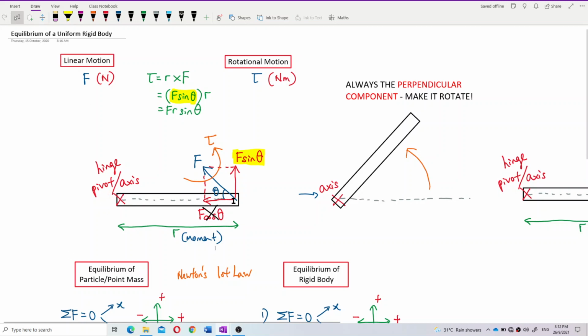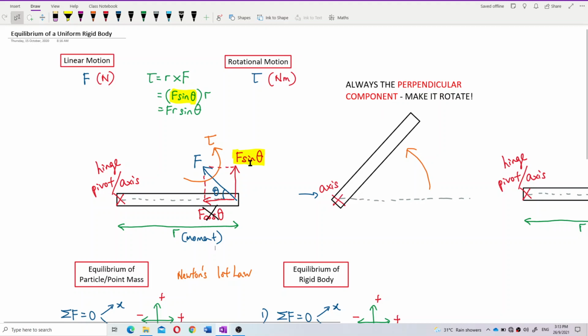F cos theta pushing towards the axis of rotation cannot rotate the object. Only F sine theta can make the object rotate. F sine theta is the perpendicular component which makes it rotate. Always remember, the perpendicular component makes the object rotate, so it is always the perpendicular component that is responsible for the torque.